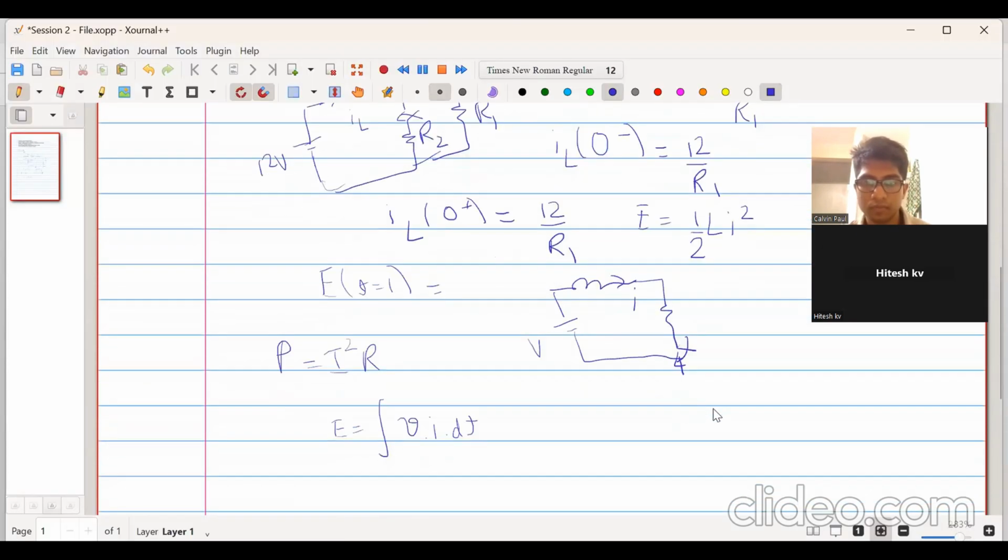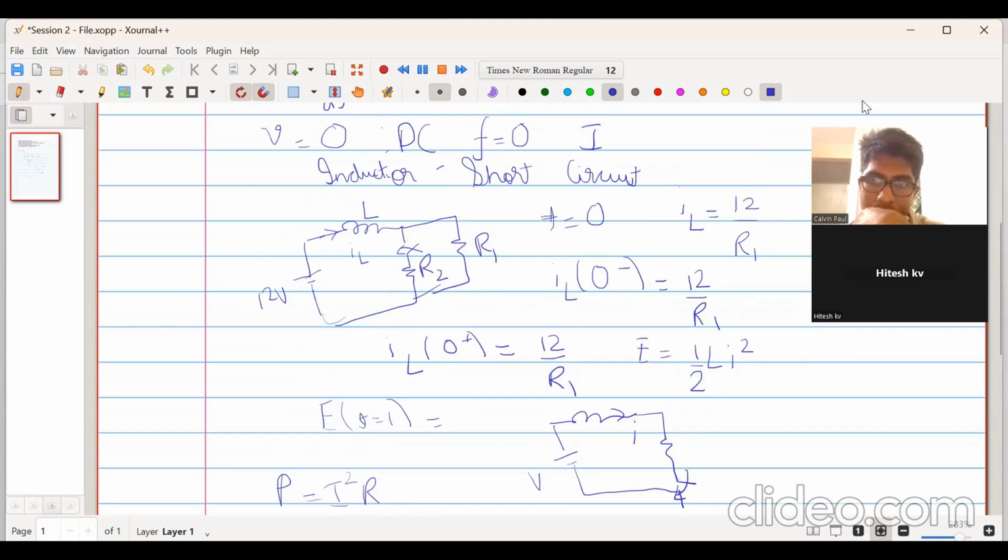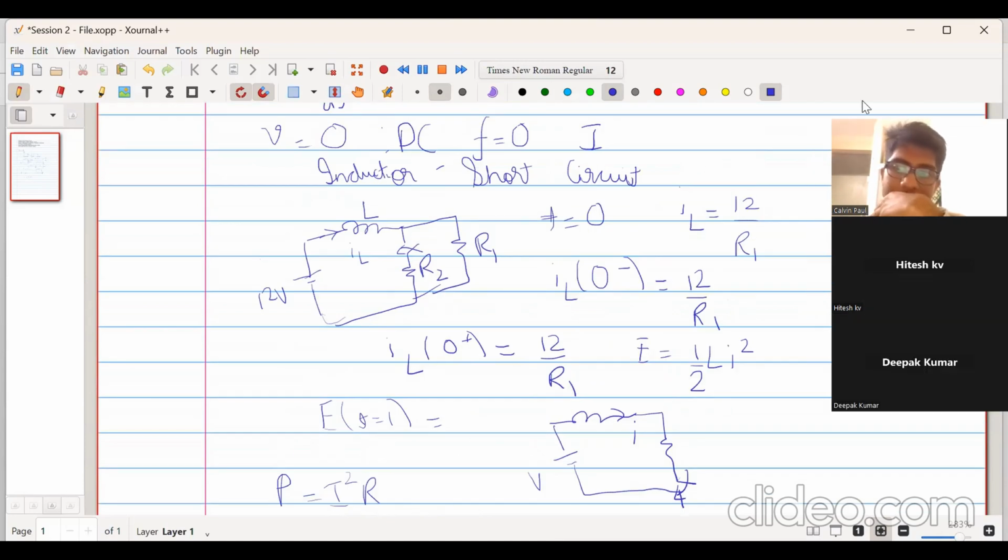Okay, sir, can you go back to this? Can we move a little up? Okay. So yeah, you were actually telling this. The conversation just went in a different way. Firstly, there will be current IL through the inductor at a steady state, passing through R1. And just when the switch is closed, will there be a current drop, because another resistance is included?